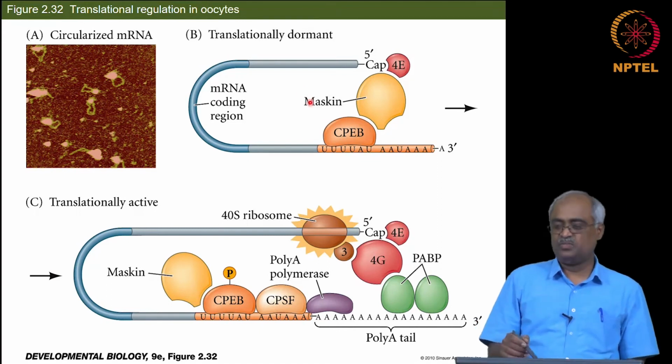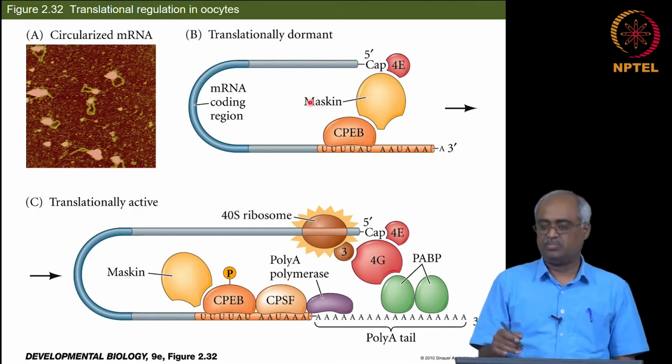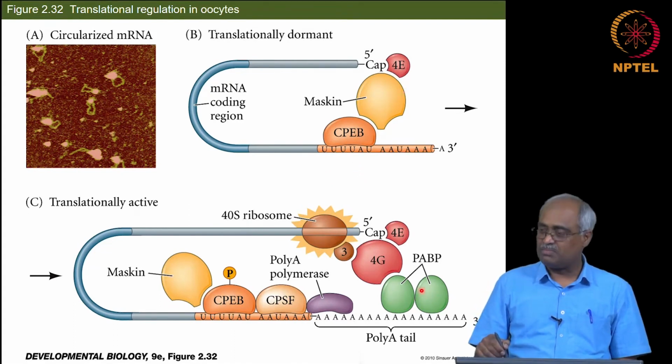But in Xenopus oocytes, most mRNAs that are not translated at a given time are found in circular form, but not by the interaction of 4E and 4G with the PABP.